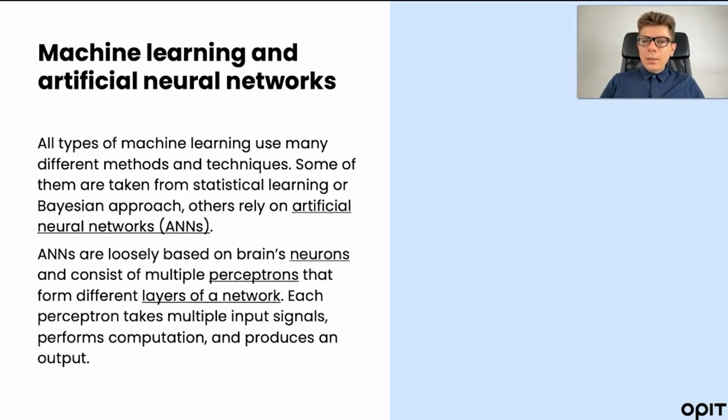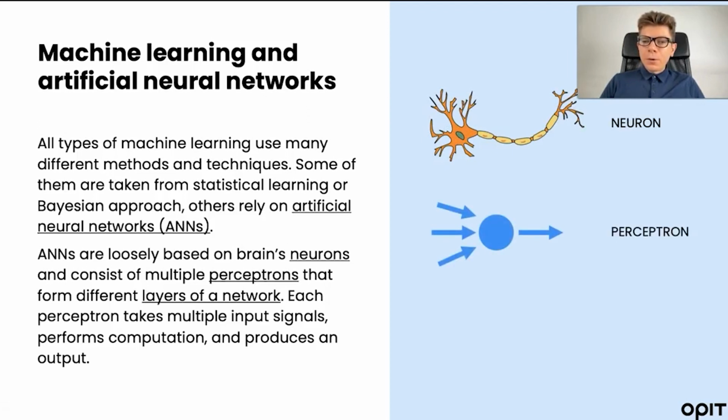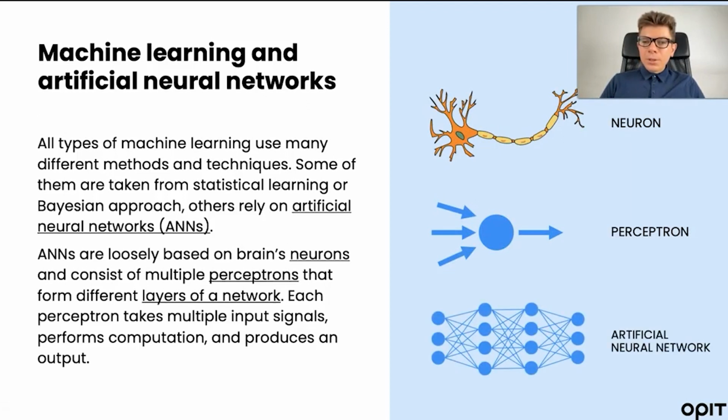And artificial neural networks are loosely based on the brain's neurons and consist of multiple perceptrons that form different layers of a network. Each perceptron takes multiple input signals and it performs some computation and then produces an output. And multiple perceptrons are combined into an artificial neural network.